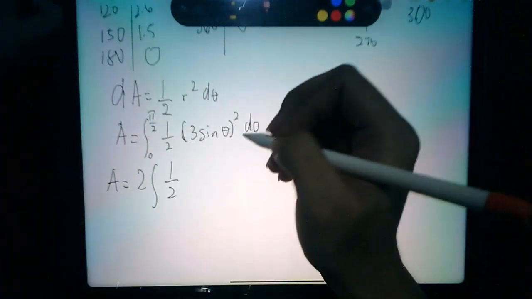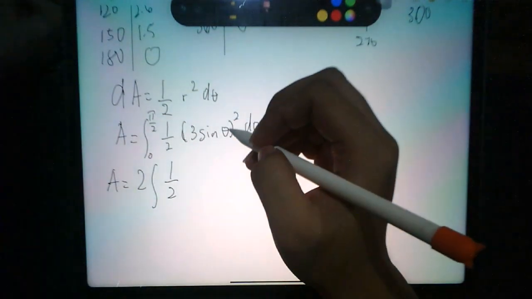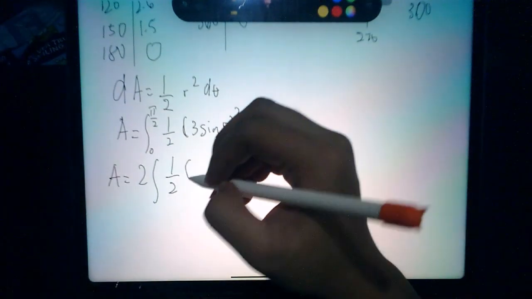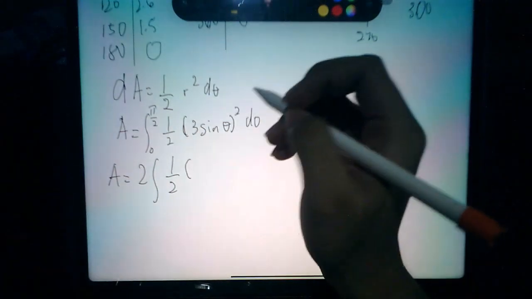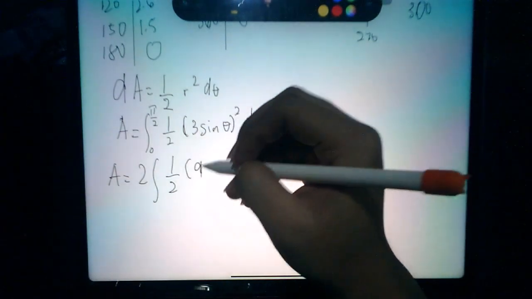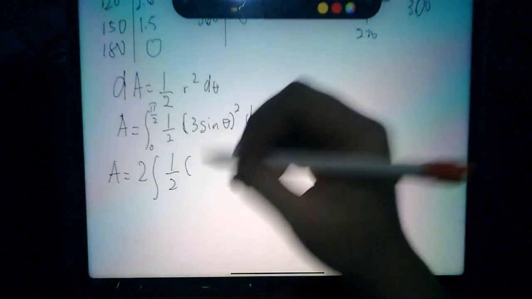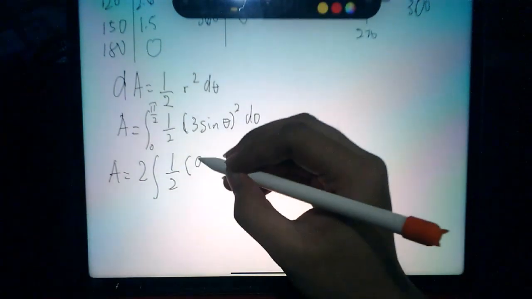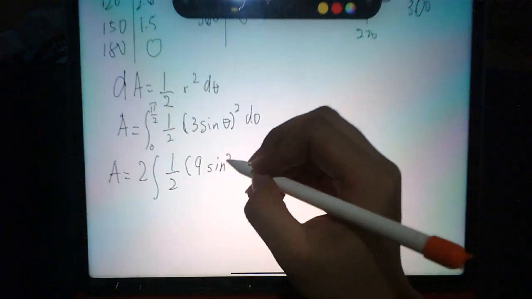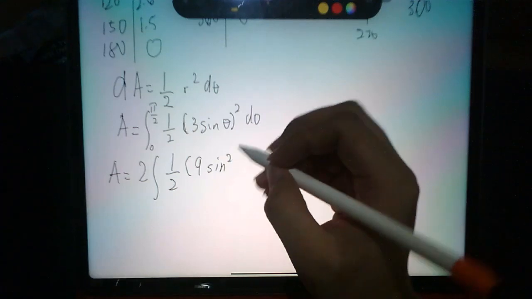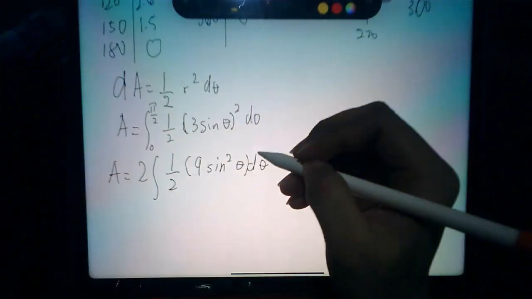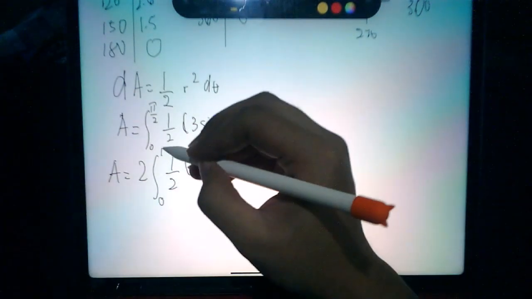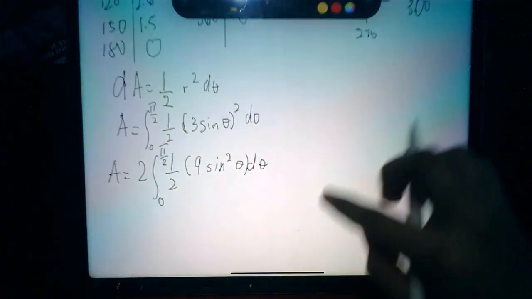Let's simplify this. 3 sine squared is equal to 9 sine squared theta d theta, from limits 0 to pi over 2.